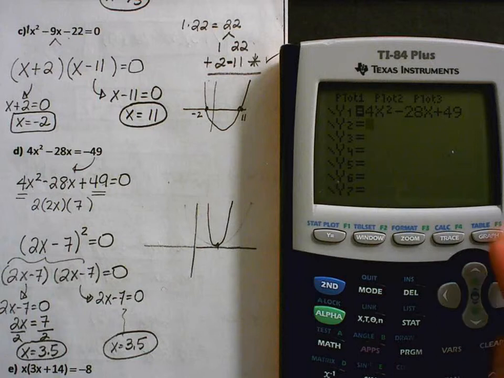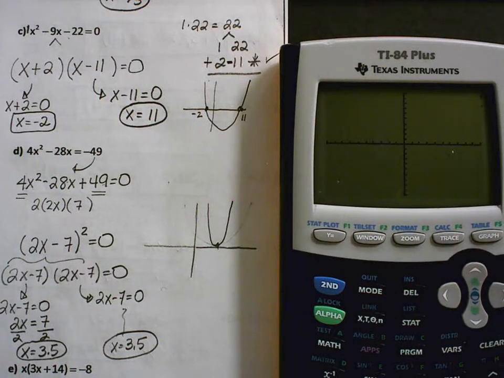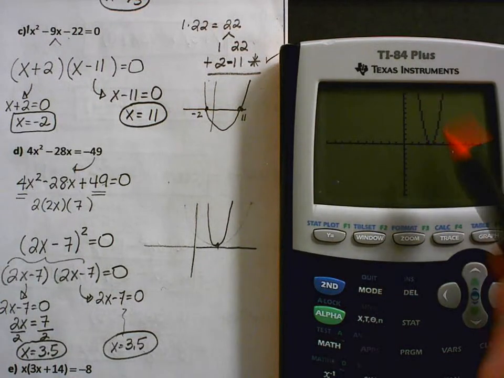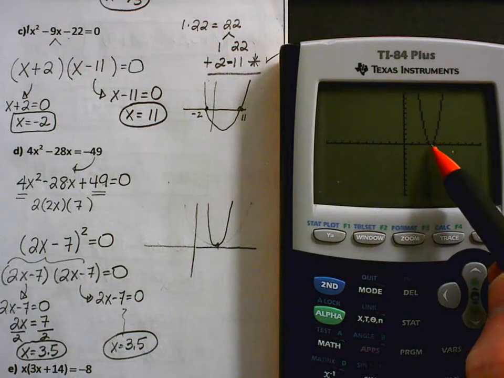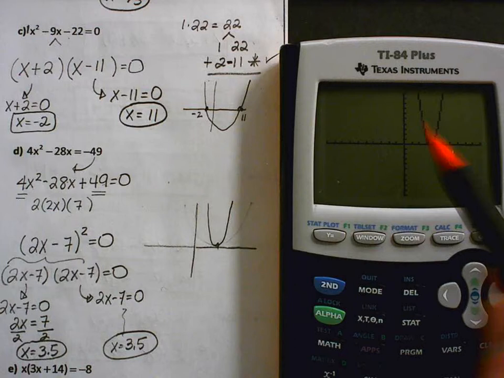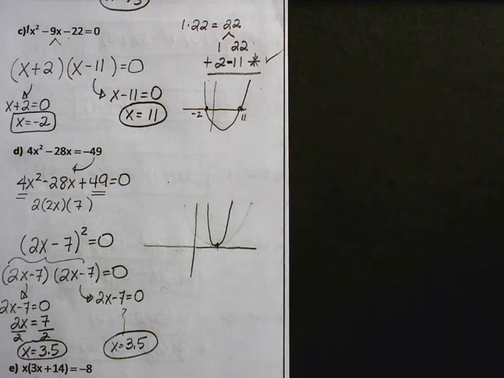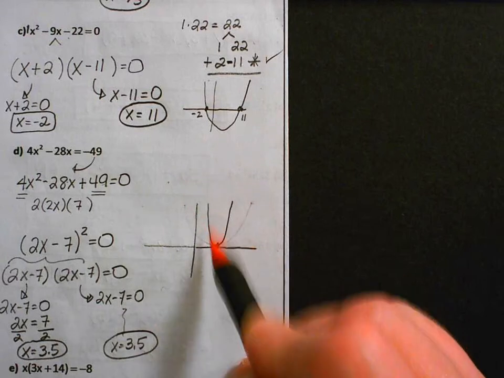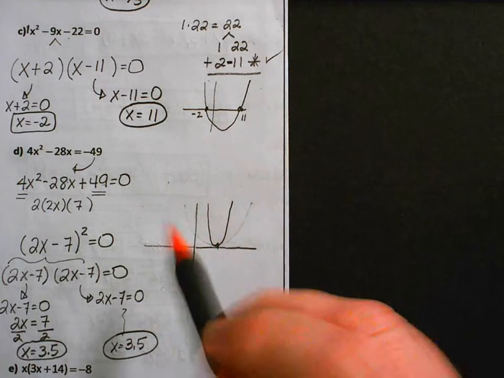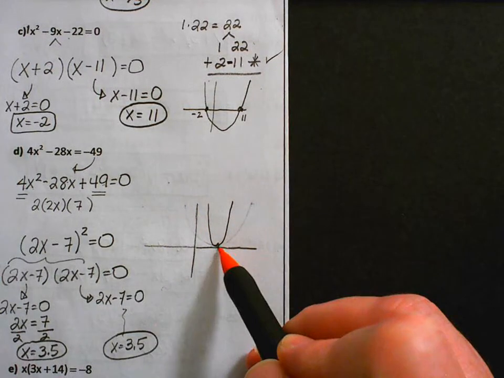Now that I entered that, I'm going to press graph. And as you can see, there's my graph, and it is touching the x-axis at one point only, which is 3.5. So that is a confirmation that this is correct, and it also shows you that that's what's happening when we solve for equals 0.